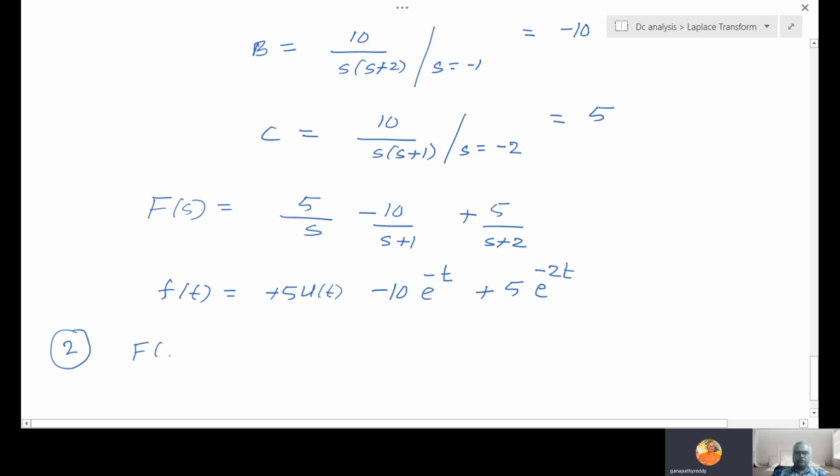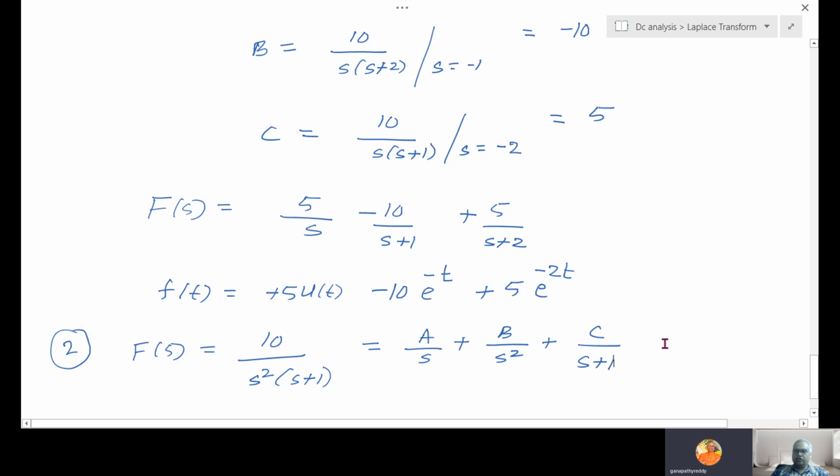Second example, if I have 10 by s square (s plus 1). Because of this s square, we write a by s, b by s square, c by s plus 1. If s cube is there, a by s plus b by s square plus c by s cube, like that you have to write.